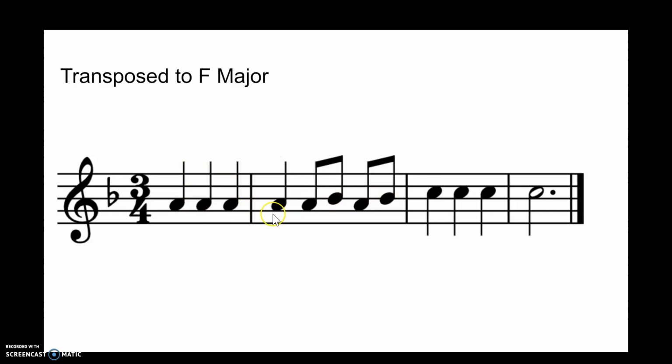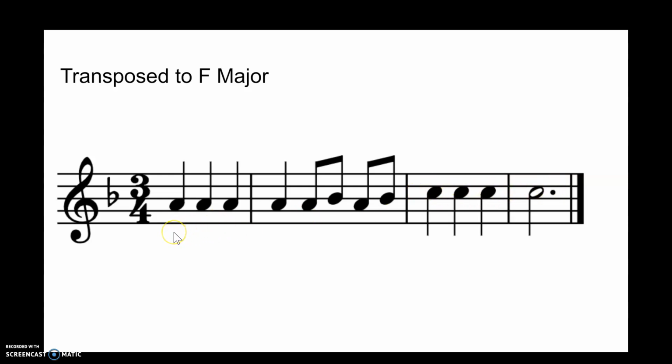The first crotchet was mi, which is now A. A quaver on mi, which is A. A quaver on fa, which is B flat. And the same again here. And then the second last bar is 3 crotchets in the key of F major, and it's on sol. So sol is C, which is C, C, C, C.